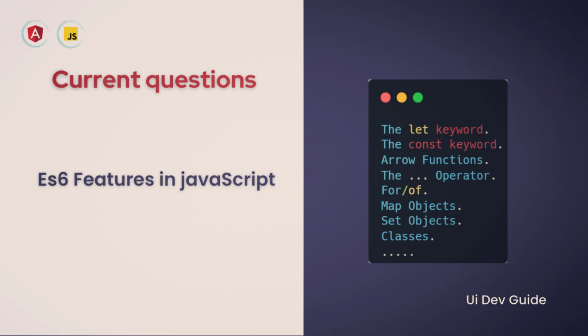Arrow function. We have spread operator, rest operator, object destructuring, then you have array methods like filter, reduce, map. Yeah, map. Then we have operators.